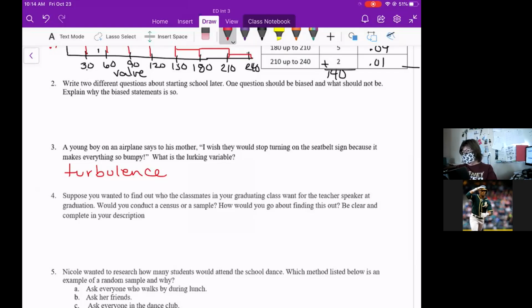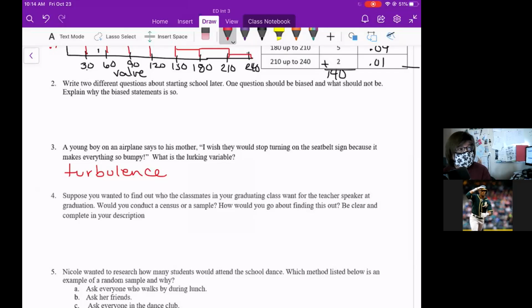If you had a list of all the seniors and you went around and asked each of them who they would prefer as the graduation speaker, that can ensure that you get a census, so you don't miss anybody. Anybody in publications? Isn't that what they do with the yearbook to make sure they talk to everybody to get a quote? They have a list and they make sure they talk to everybody. Good. Okay. Who said they could do a sample?